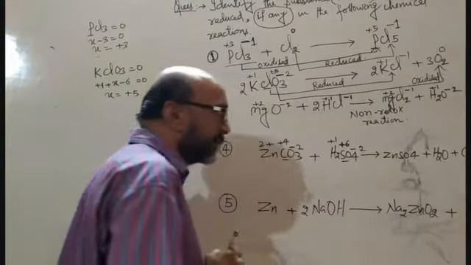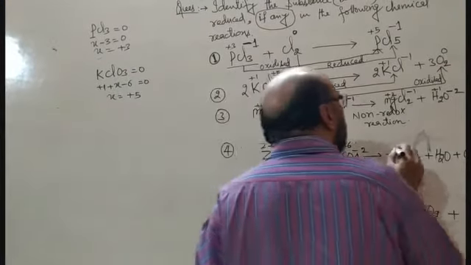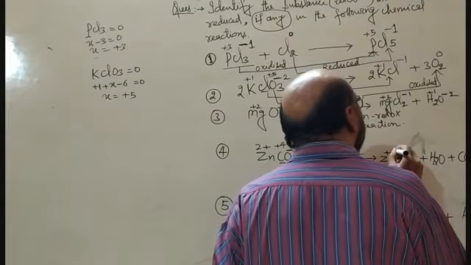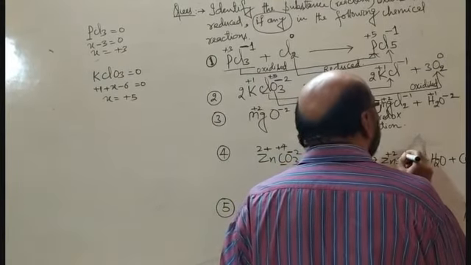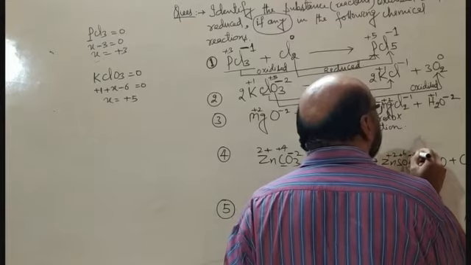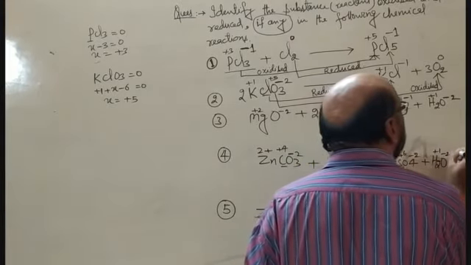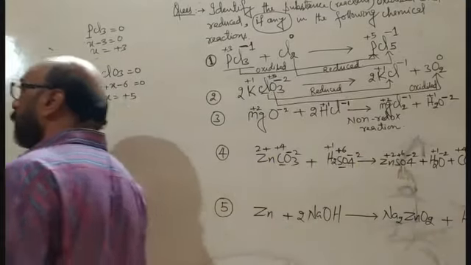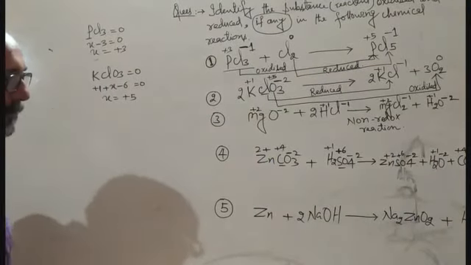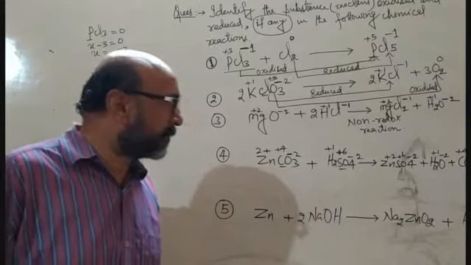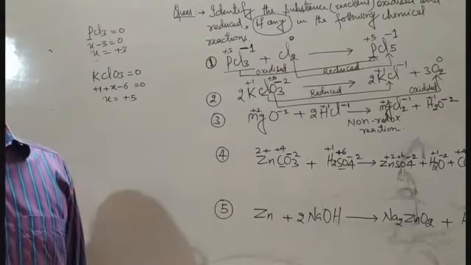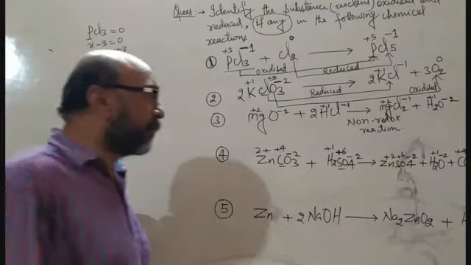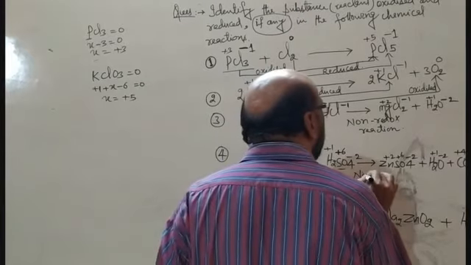It will be plus 6. Plus 2, plus 6, minus 2, plus 1, minus 2, plus 4, minus 2. Again, you look into the change in oxidation state. None of the elements undergo change in the oxidation state. Therefore, it is also a non-redox reaction.